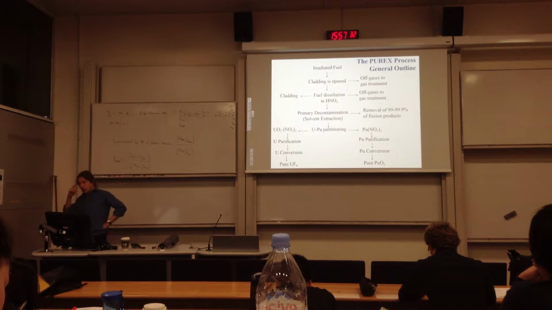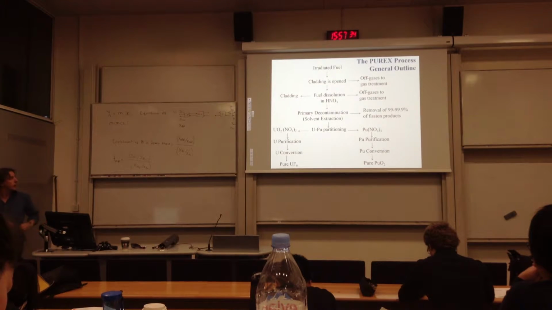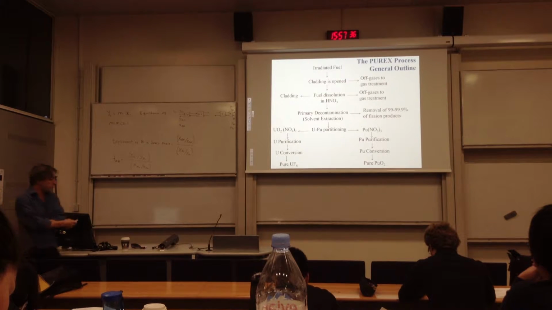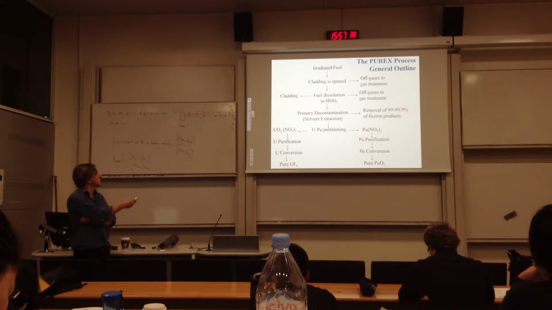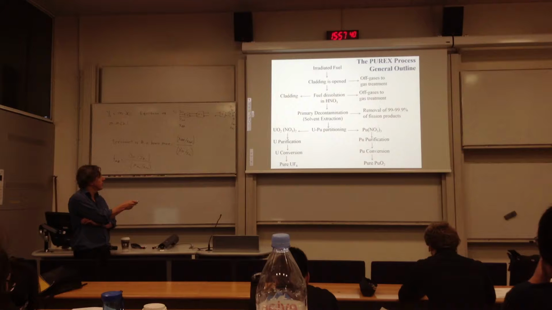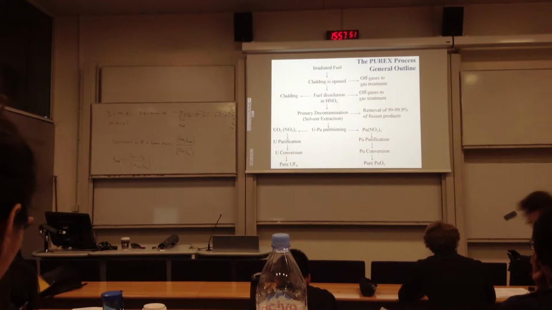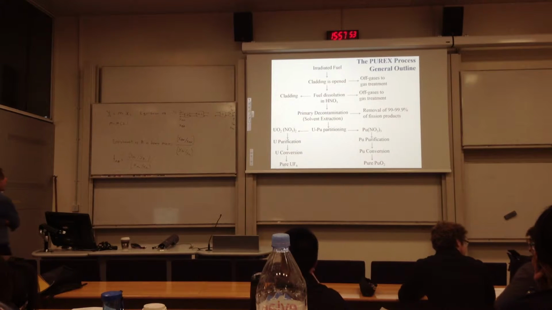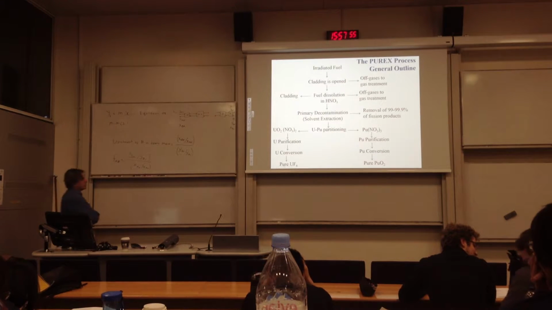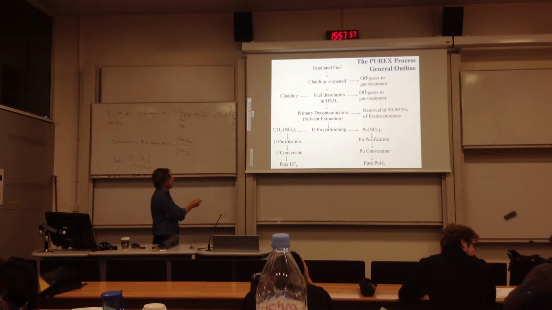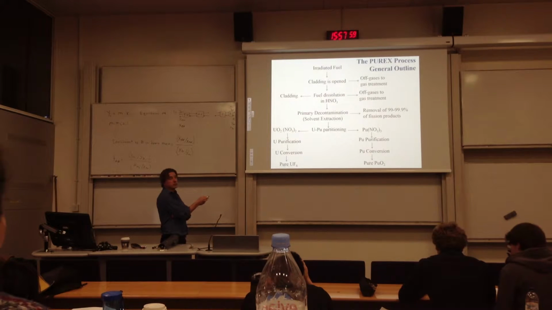So let's go to the general diagram. When the fuel from the storage pond is treated, there is a first step, which is to open the rod, open the cladding, and that will release gases that will go through a treatment. Some of them can be released to the atmosphere. And then there is a very important first step, which is the dissolution in nitric acid.